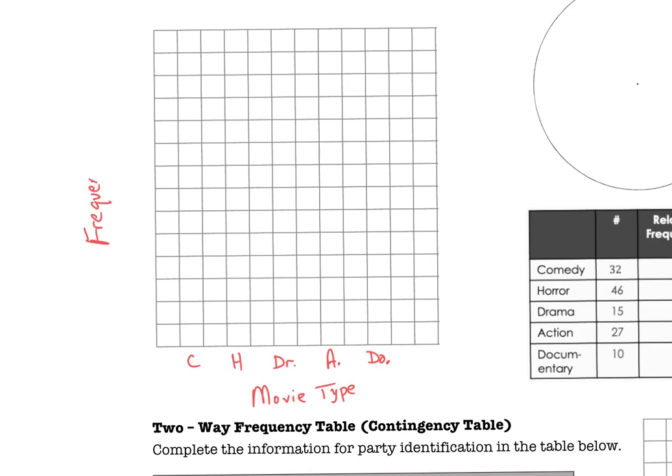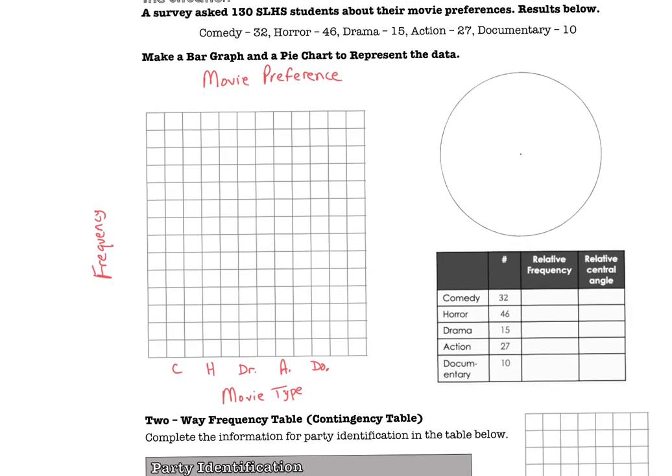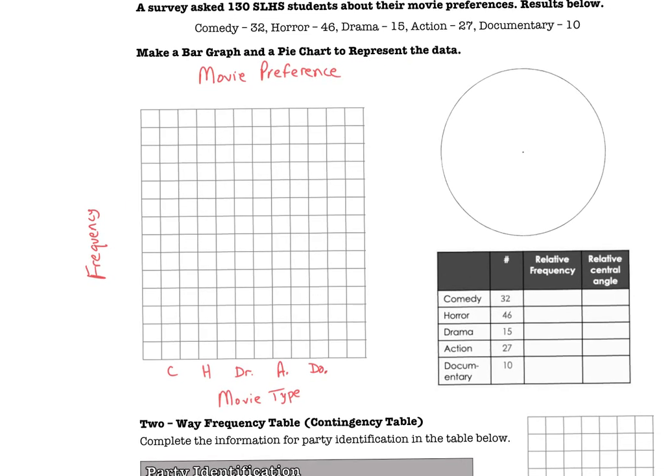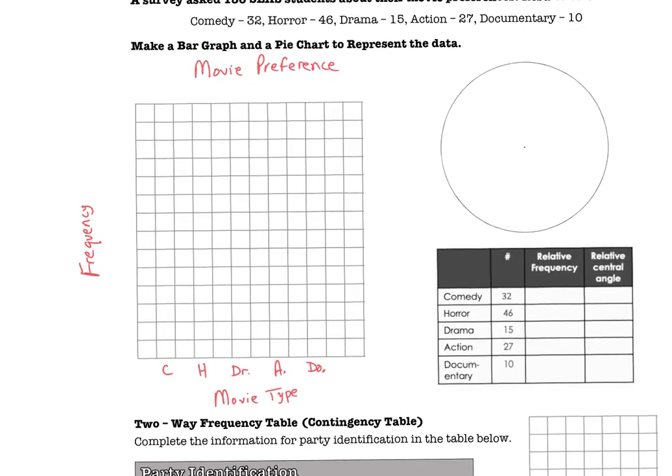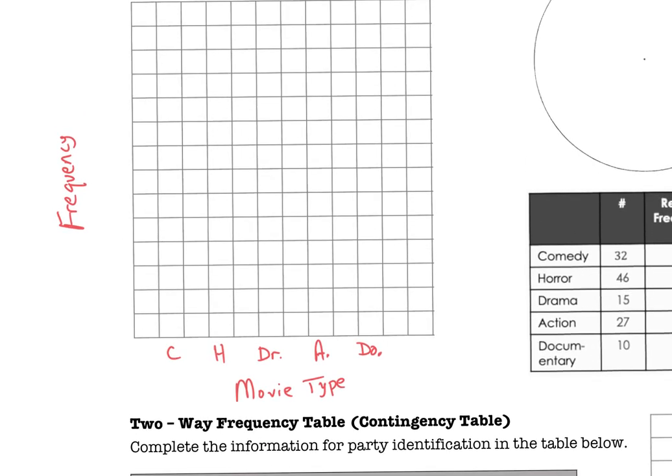If you look, we go all the way up to a high of 46. I can't count by ones here, but we can count by fours, just so we don't have so many lines. So this line would be 4, and then 8, 12, and we're scaling it by 4 here.